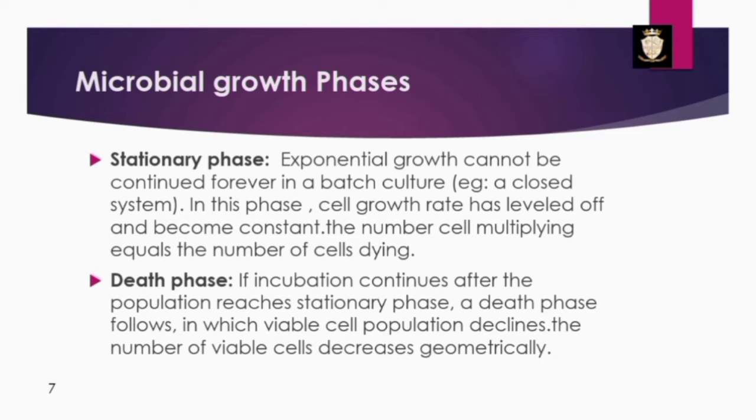If incubation continues after the population reaches stationary phase, a death phase follows, in which the viable cell population declines. The number of viable cells decreases geometrically because the nutritional availability in the culture media decreases as the population grows. So it reaches the death phase.